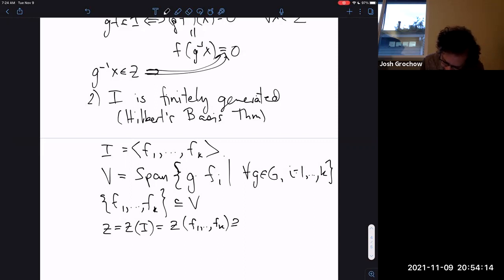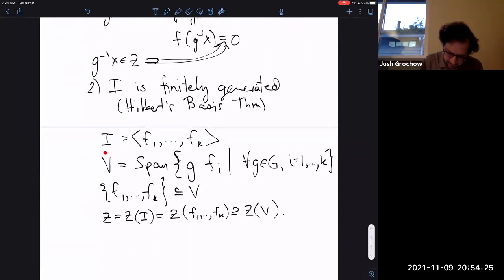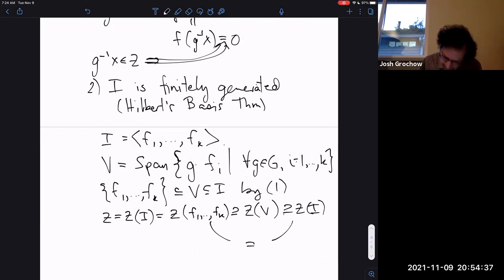In general, what we now know is this contains Z of V, but because of this first part where I is closed under G, we in fact know that V is also contained in I. Okay, but these two are equal. So Z of V is the same thing.